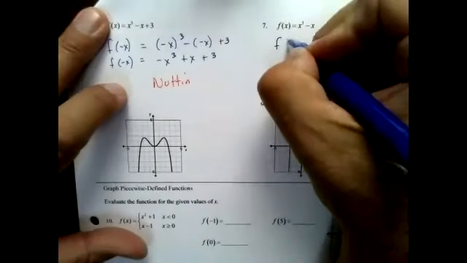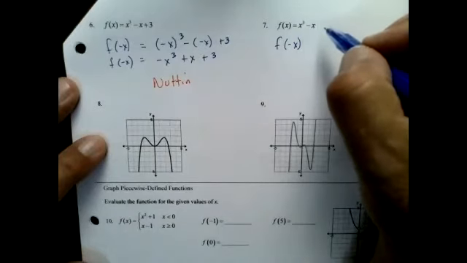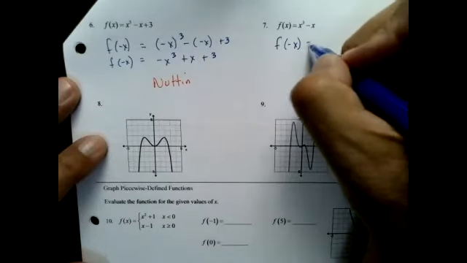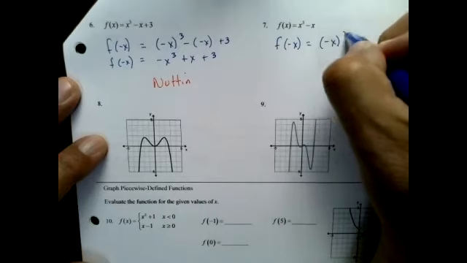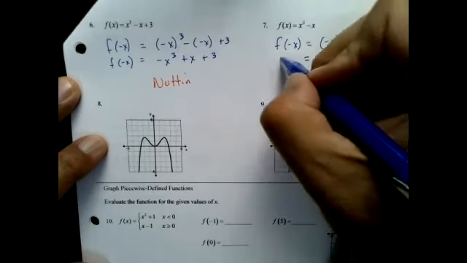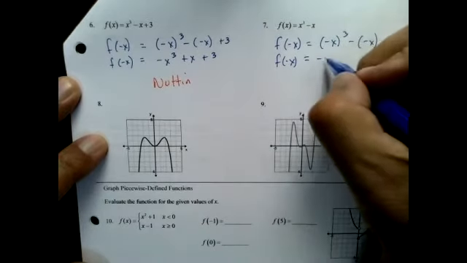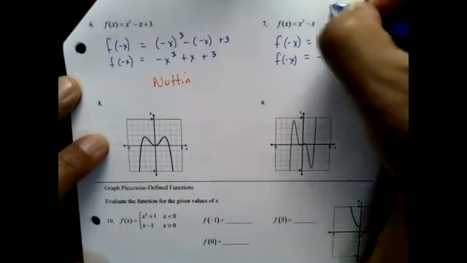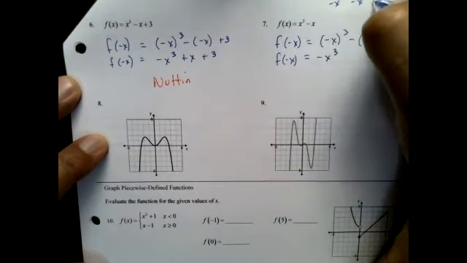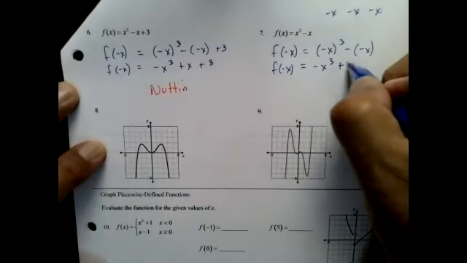Plug in negative x. We're hoping for a result that's either the exact same or everything's opposites. Negative x cubed minus negative x. That becomes negative x cubed because it's negative x times negative x times negative x. This becomes plus x.